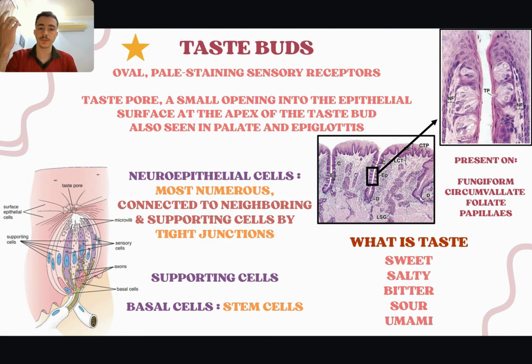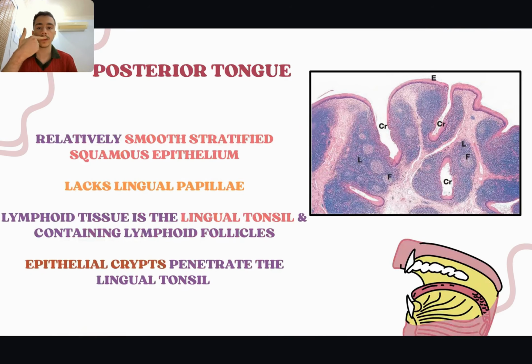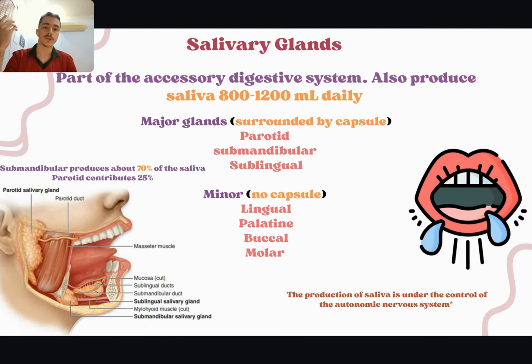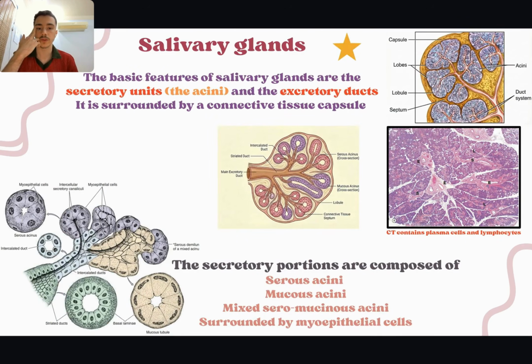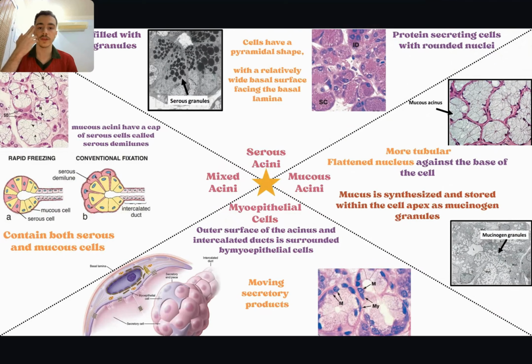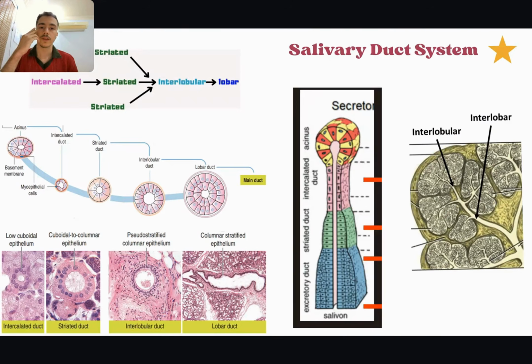We talked about the taste buds also, where you can sense the taste of everything, and the salivary glands that secrete mucus or lubricate. We talked about the acini, serous, mucous, mixed acini, and myoepithelium.